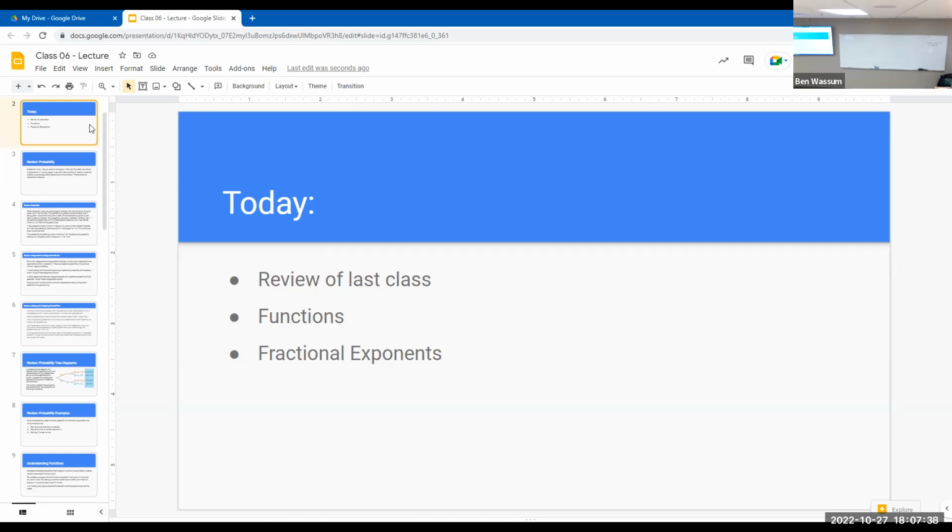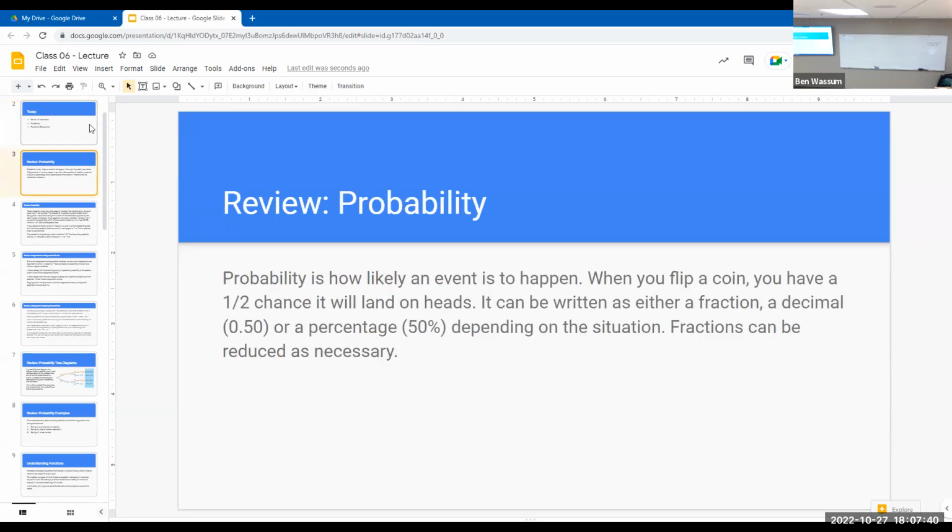Let's do this. So we're reviewing probability. So probability wasn't bad, right? It's how likely an event is to happen. So as it says, when you flip a coin, you have a half of a chance it'll land on heads. So the probability is 1 out of 2 or 50%, or the decimal 0.50.